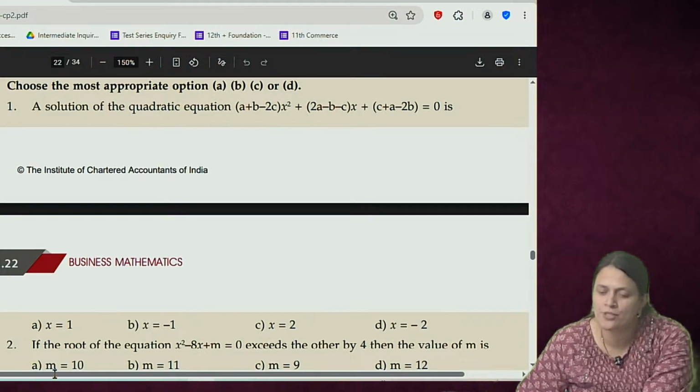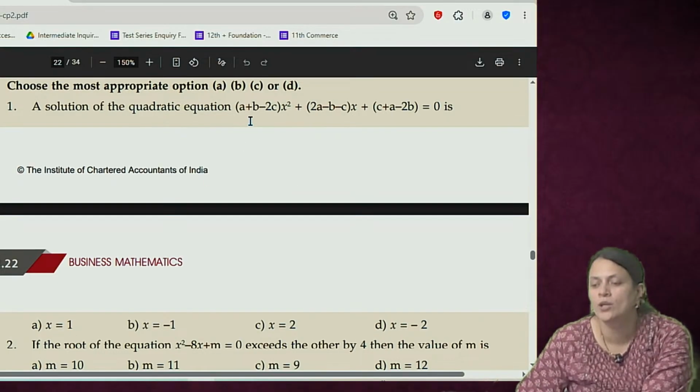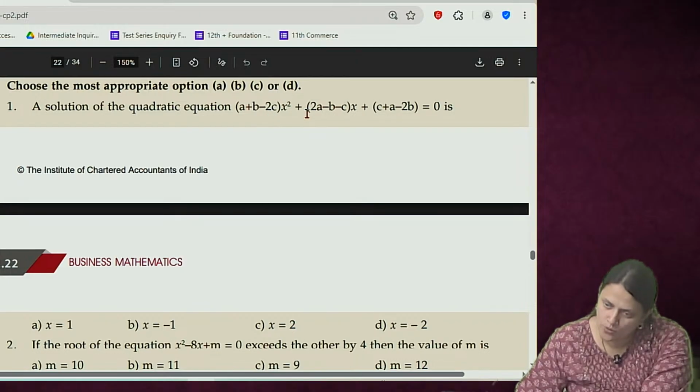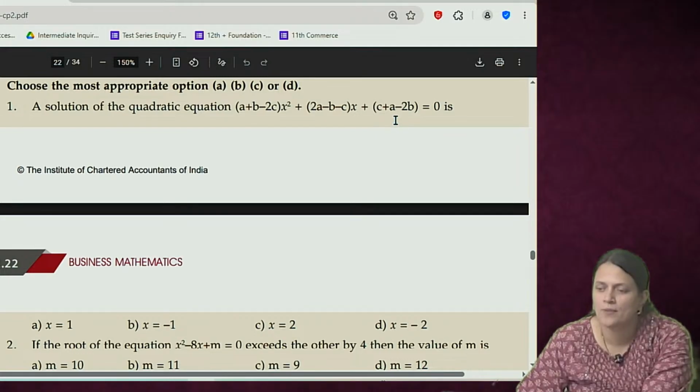So substitute the value of x from option A. If you substitute option A, x is equal to 1, what will happen? This will become (a + b - 2c) + (2a - b - c) + (c + a - 2b). Is it coming equal to 0?